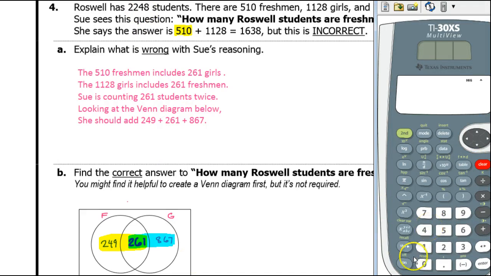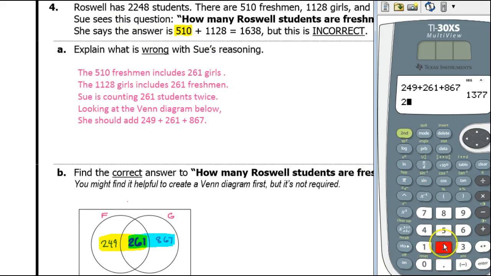Okay, so if we do 249 plus the 261 plus the 867, all right, that gives us this. So that's less than the total. So now let's subtract.